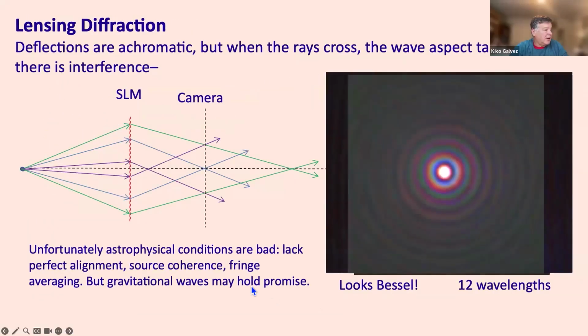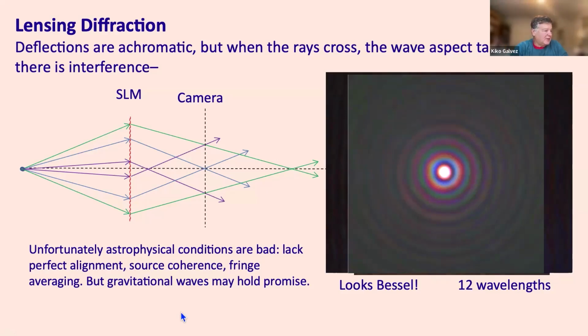As I mentioned before, we cannot observe this with electromagnetic waves, because of the coherence challenges. And also, even if we had the coherence, we would need to just put a camera out there without focusing it with a telescope.